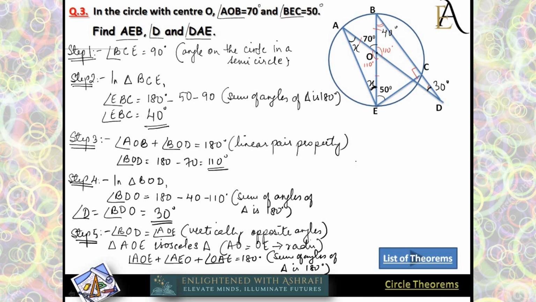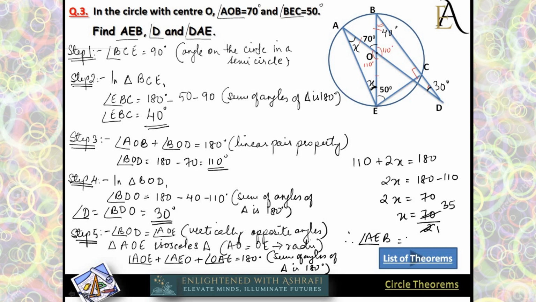So we get 110 plus 2x equals 180, 2x equals 180 minus 110, 2x equals 70, x is equal to 70 upon 2. Therefore angle AEB is equal to 35 degrees. This is 35 degrees.